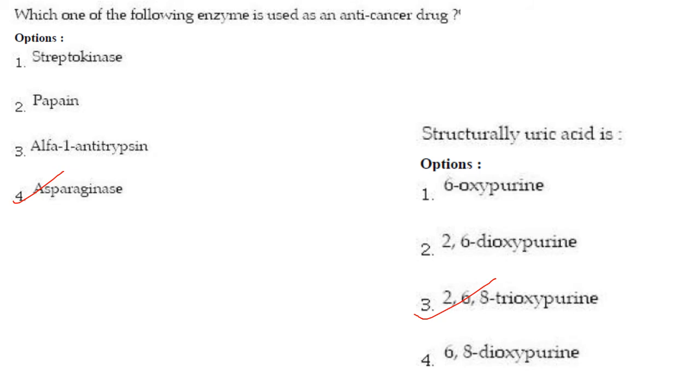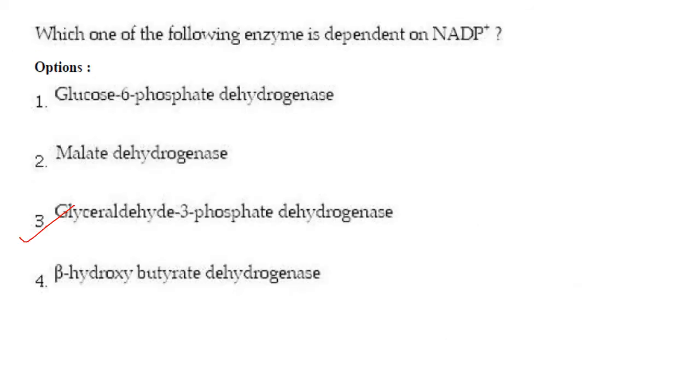Answer is option 3 2,6,8 trioxypurine. Next one. Which of the following enzymes is dependent on NADPH? Option 1 glucose 6-phosphate dehydrogenase, 2 malate dehydrogenase, 3 glyceraldehyde 3-phosphate dehydrogenase, 4 beta hydroxybutyrate dehydrogenase. Answer is option 3 glyceraldehyde 3-phosphate.